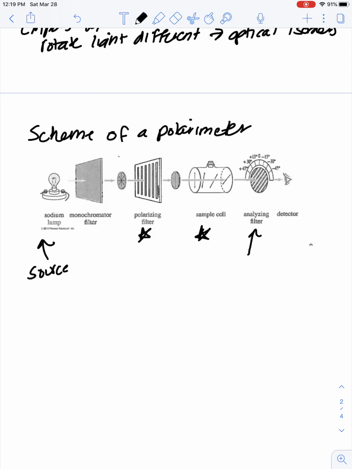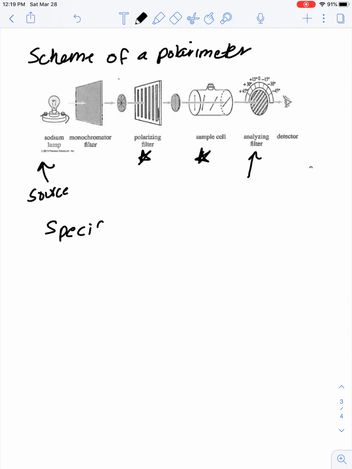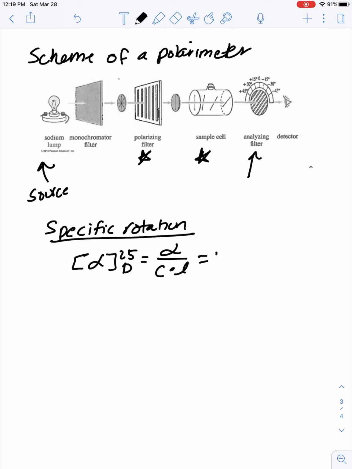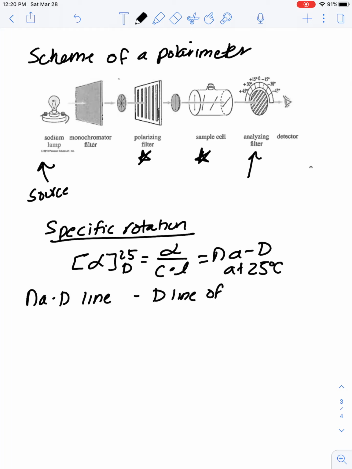Let's look at the formula for specific rotation. This is going to equal the specific rotation at the sodium D line at 25 degrees Celsius. The sodium D line is the D line of the sodium spectrum, which is really between wavelengths of 589 to 589.6 nanometers.